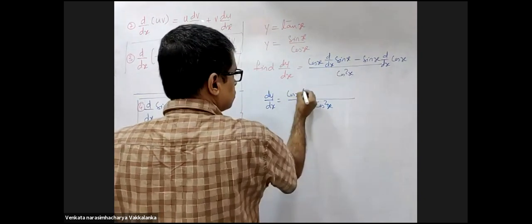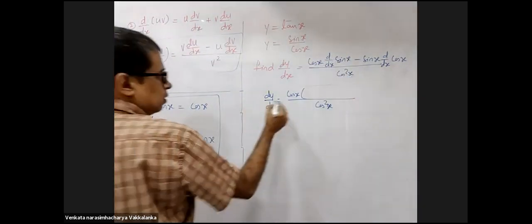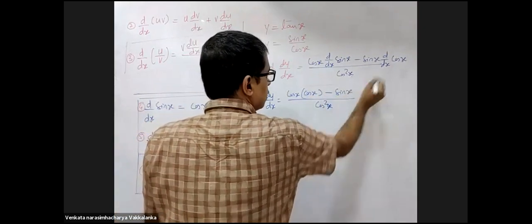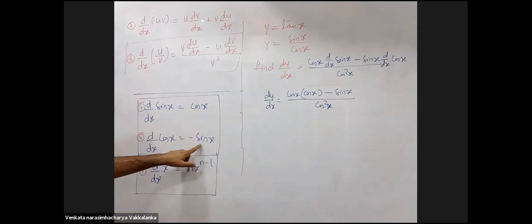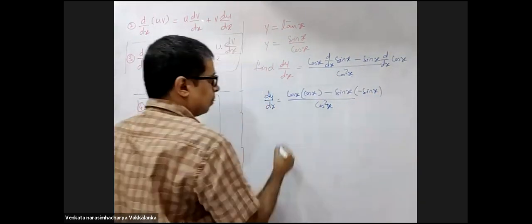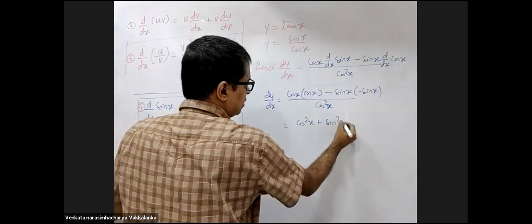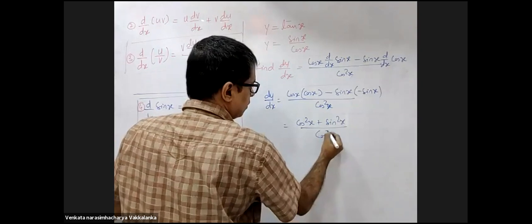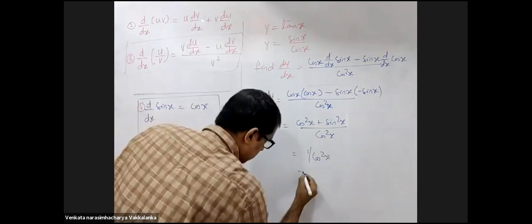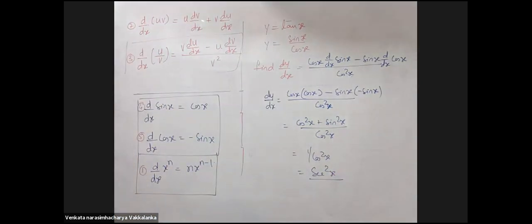This will be cos x, the differentiation of sin x, into cos x, minus sin x into the differentiation of cos x, which is minus sin x. So this becomes cos square x plus sin square x by cos square x. 1 by cos square x will be written as secant square x.